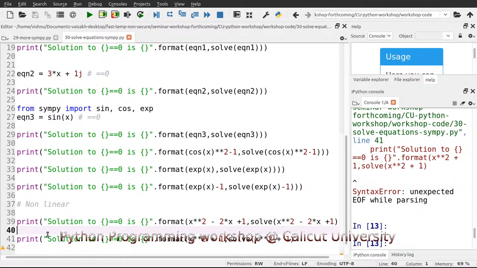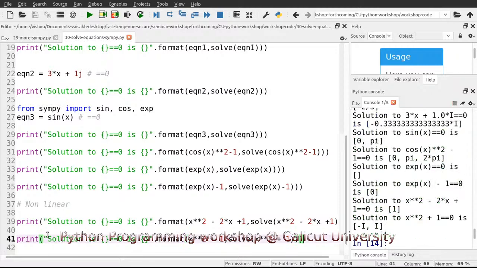Where is the indent? Oh, we haven't closed the bracket. Minus sign, plus sign. So it is showing those. It is giving complex roots as well.